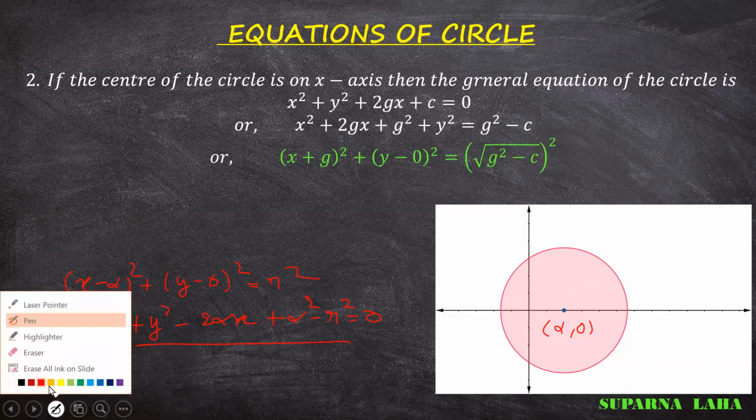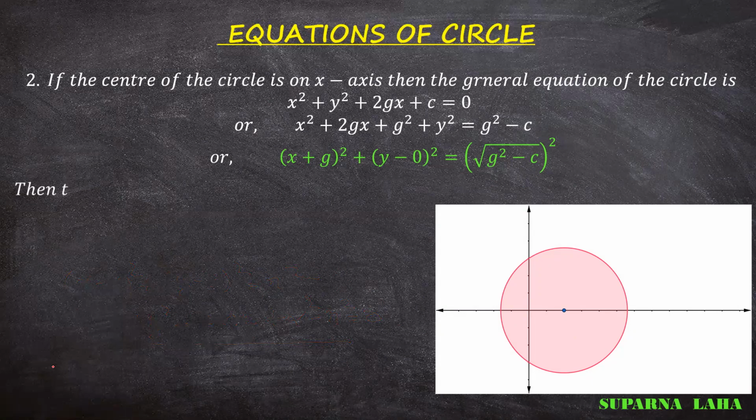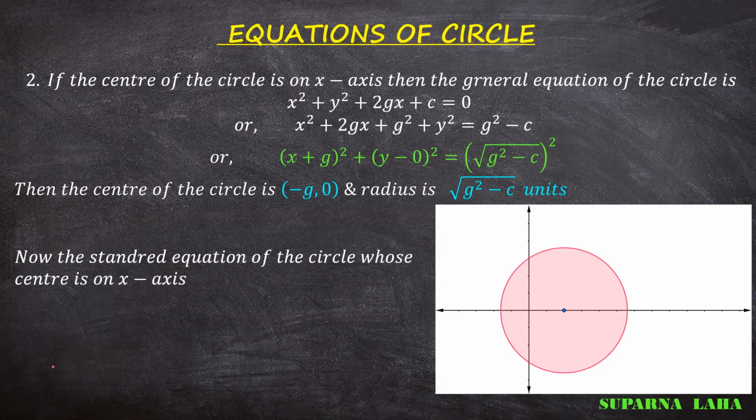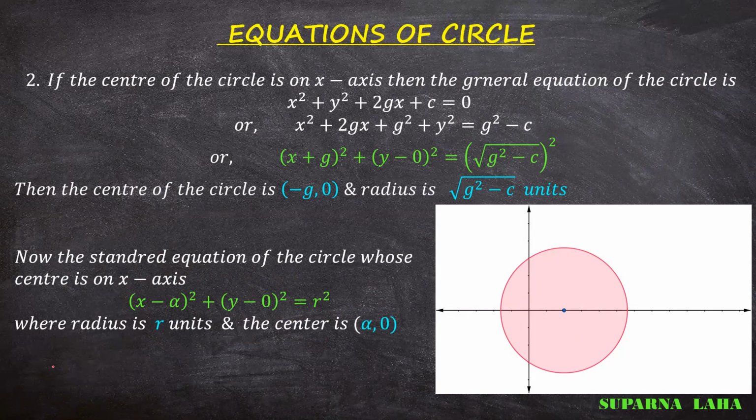Clear? Now, the center is (−g, 0) and the radius is √(g² − c) units. And its standard form we can write, you already know that. So write it down again: (x − α)² + (y − 0)² = r². Okay, so write this down again.